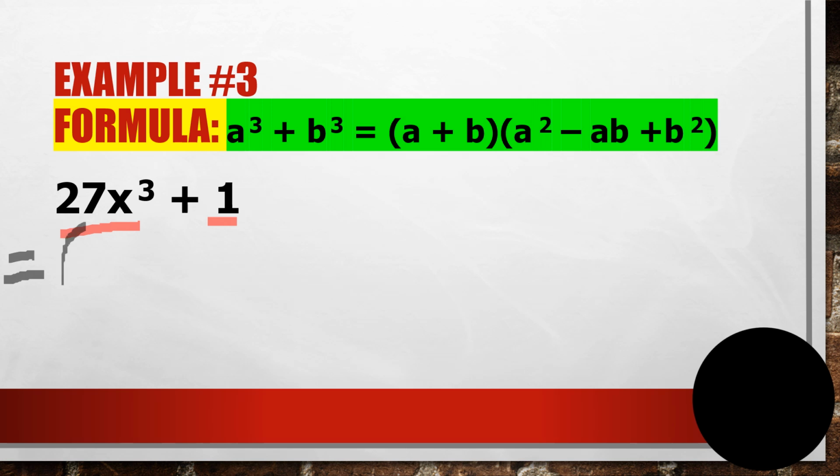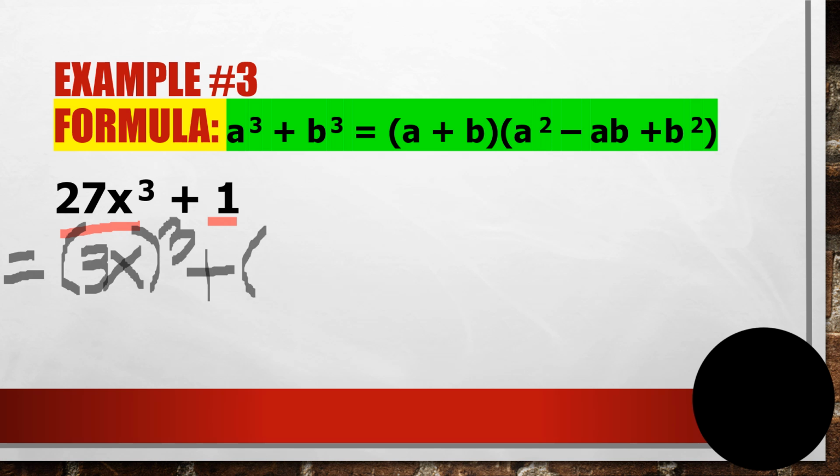The cube root of 27x cubed, we have 3x. And then close it, raised to the power of 3 plus. By the way, what makes it 3x? It's because 3x times 3x, it's 9x squared. Multiply it again by 3x, it becomes 27x cubed.